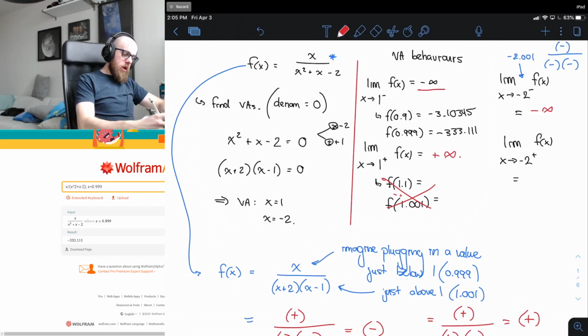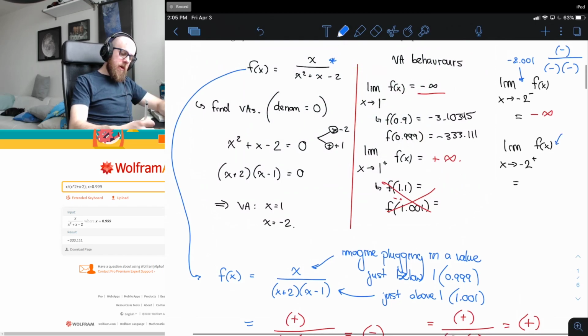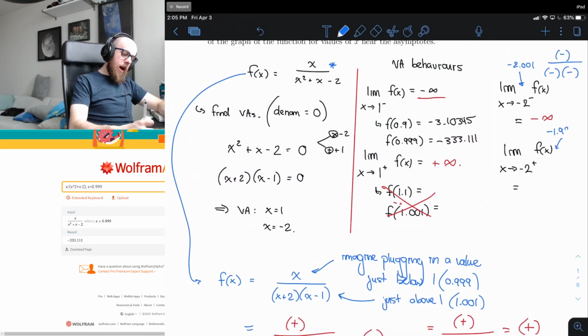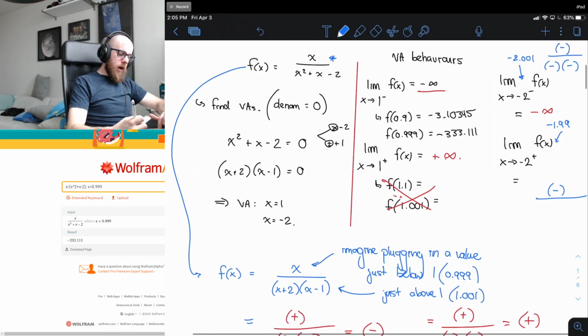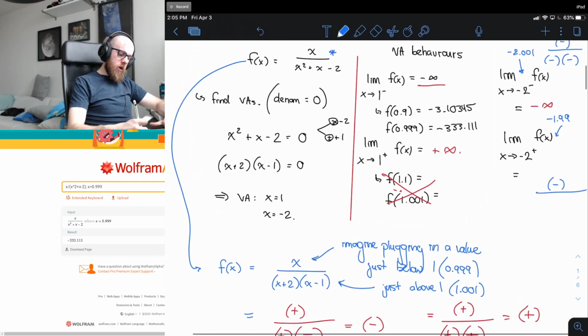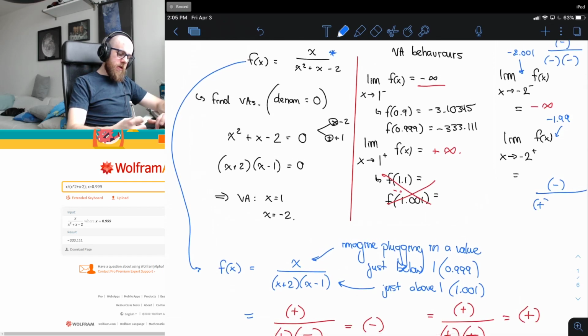You can do the exact same thing with test points here, but we would imagine plugging in something like -1.99. X is negative, so our numerator would be negative. Then -1.99 plus 2 is very slightly positive, and -1.99 minus 1 is definitely negative.